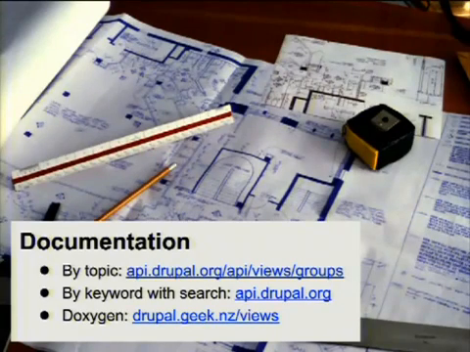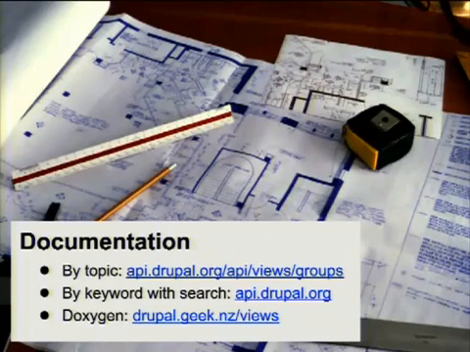Views 3 documentation is now, as of just a couple of weeks ago, available on api.drupal.org, which is absolutely fantastic because you can use the search feature there, in the same way that you do with Drupal core functions. There is also topical documentation on api.drupal.org, although I haven't worked out how to navigate to it yet because this is a new feature.